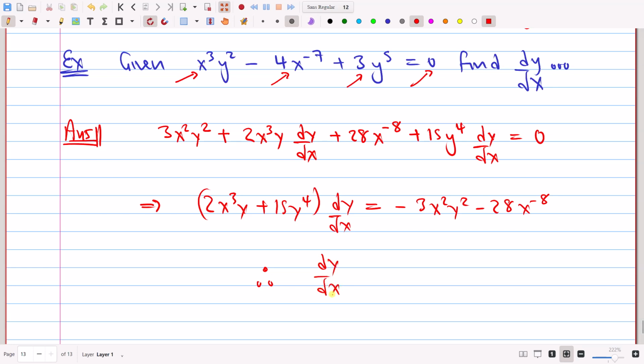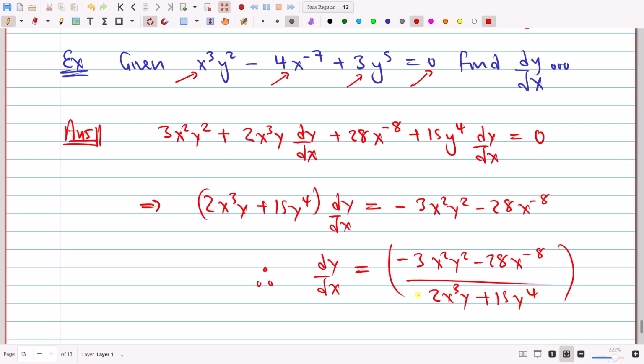Now I can make dy dx the subject, where I just get minus 3 x squared y squared minus 28 x to the minus 8 over 2x cubed y plus 15y to the 4.